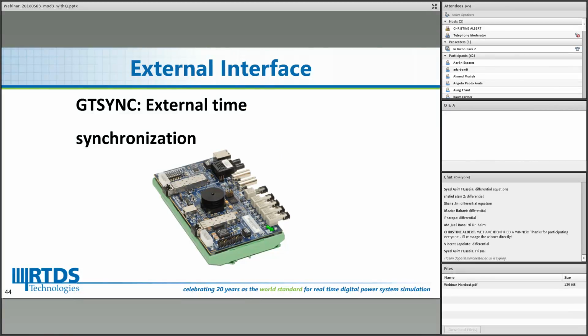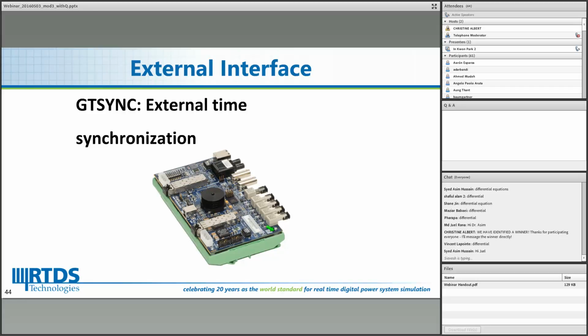Now more and more applications require high precision in time synchronization, and the typical example of such a requirement is PMU or synchrophasor applications. To accommodate such a requirement, RTDS offers this interface card named the GT Sync card.